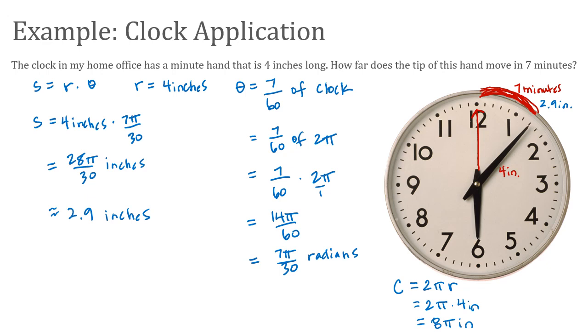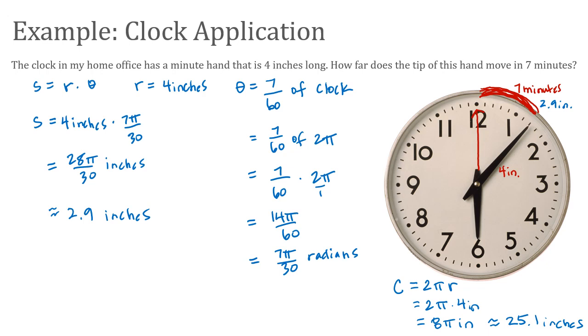Well, what's 8 pi? 8 times 3.14 is about 25.1 inches. So does it seem reasonable that a clock that all the way around is 25.1 inches has just 7 of those minutes representing 2.9 inches? I feel like that makes sense.